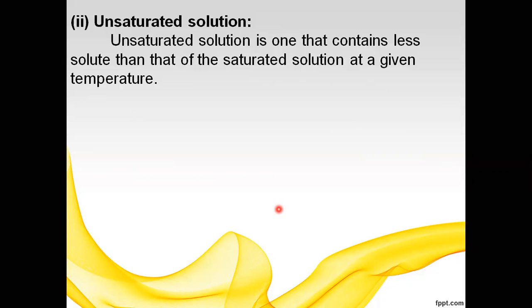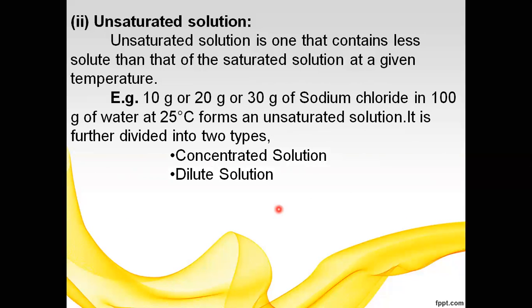So this forms an unsaturated solution because a lesser amount of solute is present. So an unsaturated solution is further divided into two types, that is concentrated solution and dilute solution.